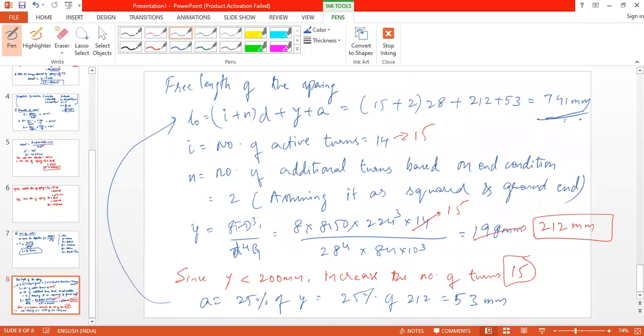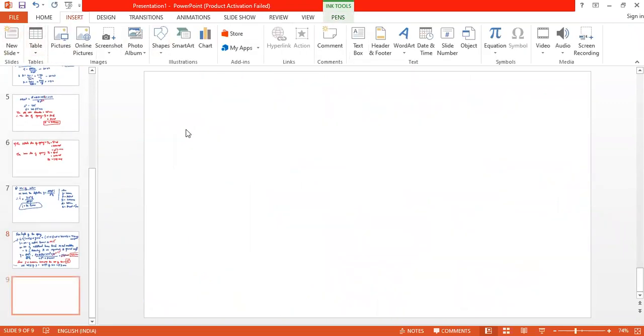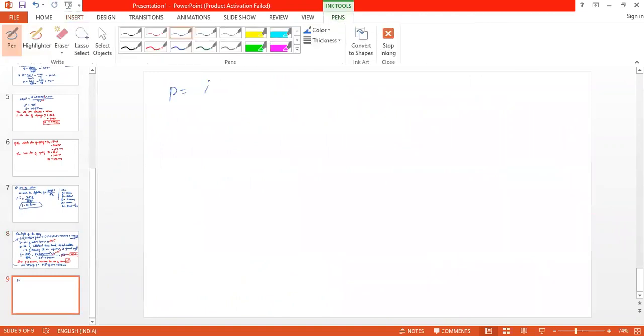Okay. And calculate the pitch. Pitch p is equal to L0 minus 2d by I. And L0 is 741. 741 minus 2 times 28 divided by I. What is I? Number of active coils is 15. So that is equal to 741 minus 2 times 28 divided by 15. That is 45.66 mm.